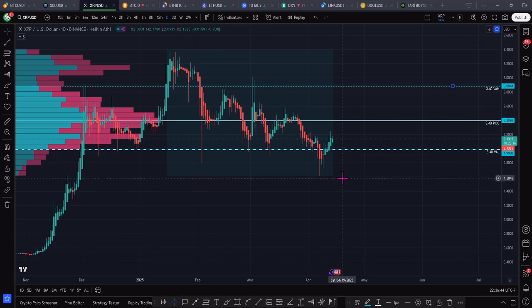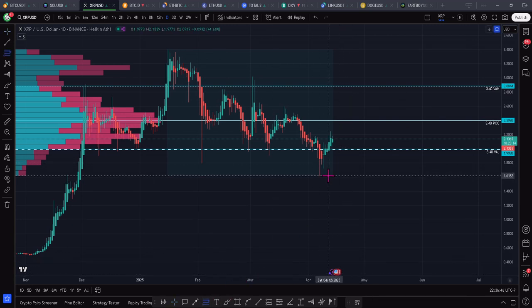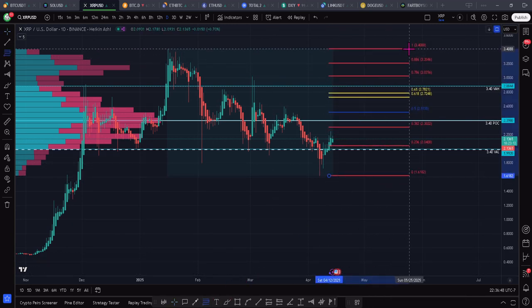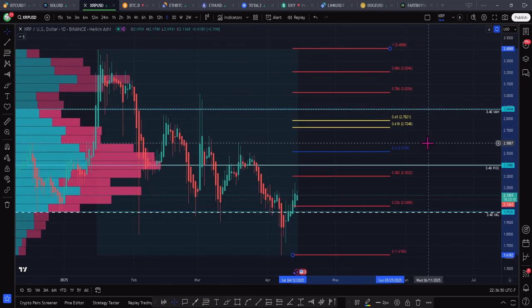Now we're going to take the Fibonacci extension tool from bottom to top, and now we're looking for areas of confluence. We don't have very many at this level, but that's okay. We're going to end up zooming into 3 different levels.